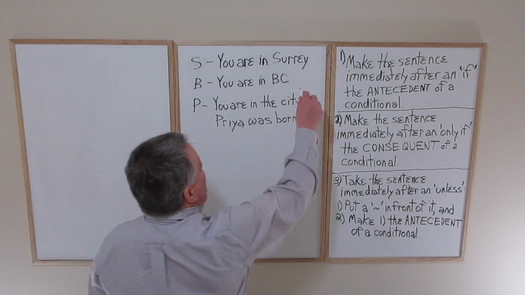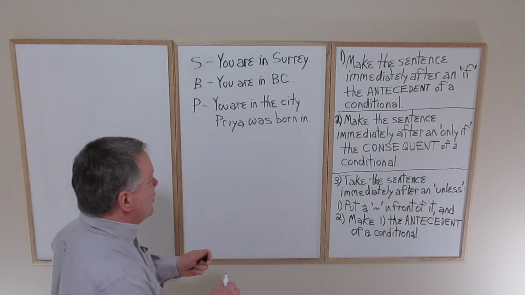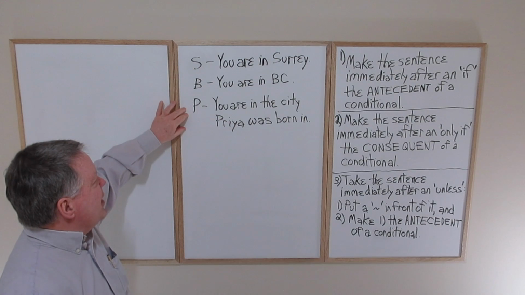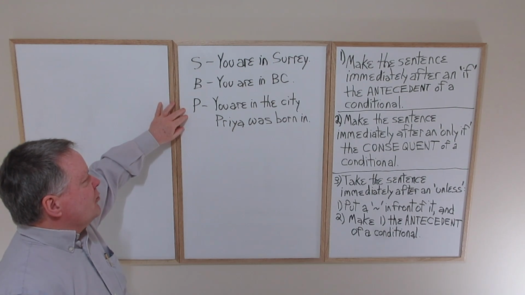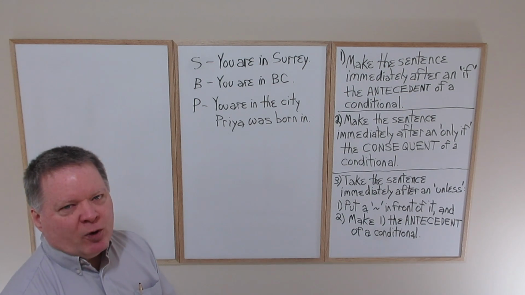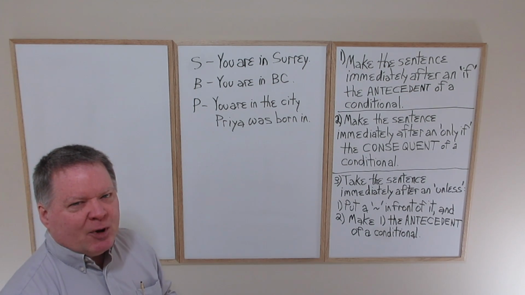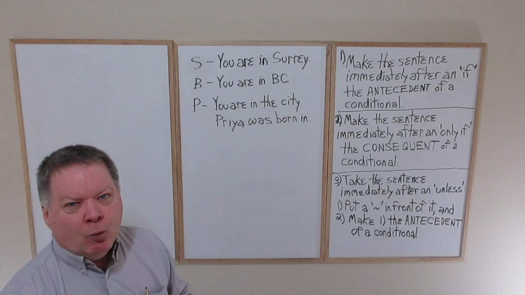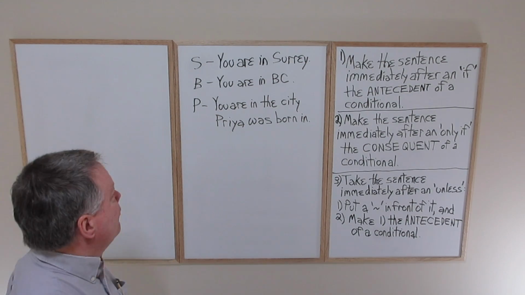The Surrey, we know where Kwantlen is in the Lower Mainland. Capital B, you're in British Columbia. Capital P will stand for the sentence, you are in the city Priya was born in. One other fact about the world that's relevant here is that Priya was born in Surrey.